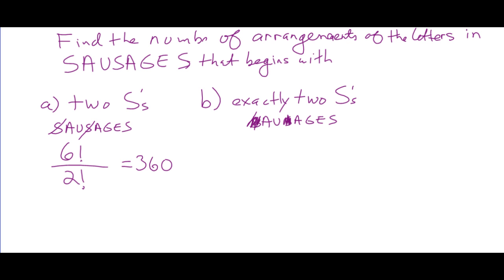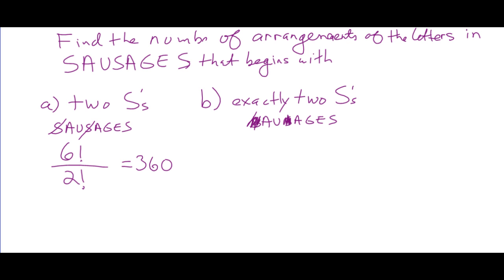And we say, well, you've got 1, 2, 3, 4, 5. Can't be the third S. So I've got 5 letters that it could be. But there's a problem, right? If it's an A, then when I go to figure out the rest of these, I've got 1, 2, 3, 4, 5 letters. That's just 5 factorial.